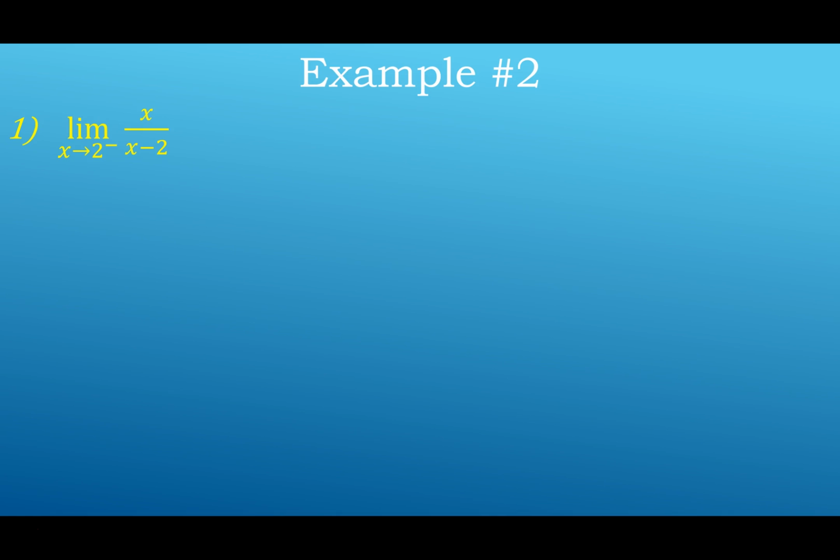So, the limit as x approaches 2 from the left. When we're plugging in 2 for x, we do have 2 over 0, so again, it does not exist. The key is whether it's a positive or a negative infinity. Well, from the left-hand side, I want a number that's less than 2, so 1.9, for example, would be perfectly fine.